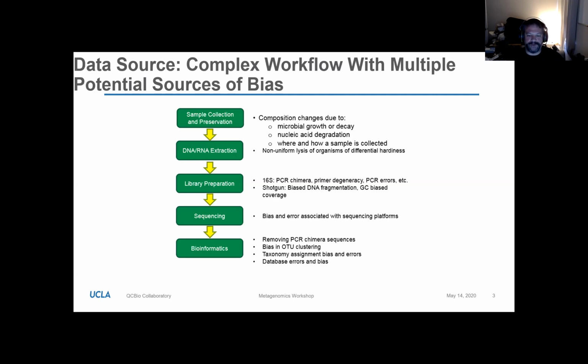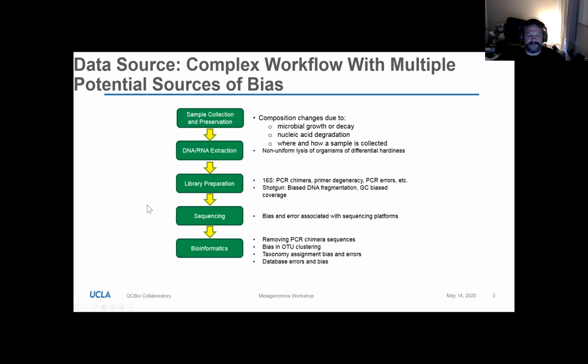Library preparation. So we've gotten much better library preparation, but you can still run into issues such as using suboptimal primers for targeted sequencing. Some library prep methods, although I think this has been addressed a lot more recently, have issues with GC bias, so you tend to miss organisms with either high or low GC content. Sequencing, I consider this to be more or less a solved problem.